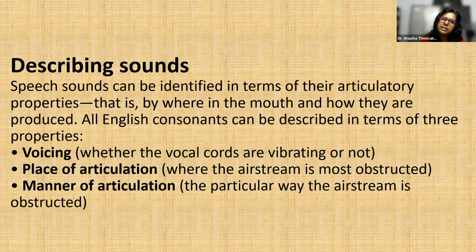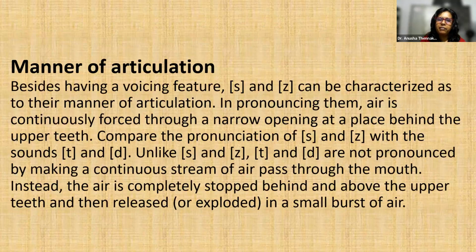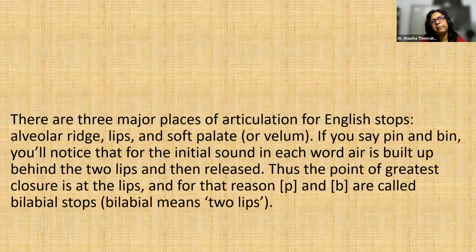Place of articulation is where the airstream is most obstructed. Manner of articulation is the particular way the airstream is obstructed. All the sounds in the English language can be classified under these properties. And then we discussed voicing, manner of articulation, place of articulation.